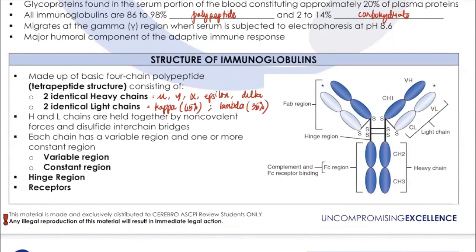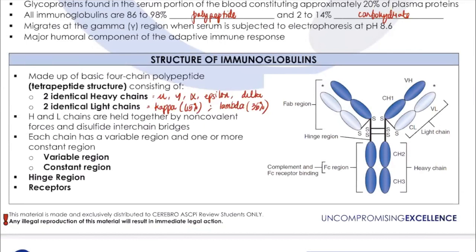So it's either only kappa chains or only lambda chains, because again, it has to be 2 identical light chains. Okay? Now, these heavy and light chains are held together by non-covalent forces and disulfide interchain bridges. I would like to emphasize here that these disulfide bridges can only be between 2 heavy chains or between a heavy and a light chain.